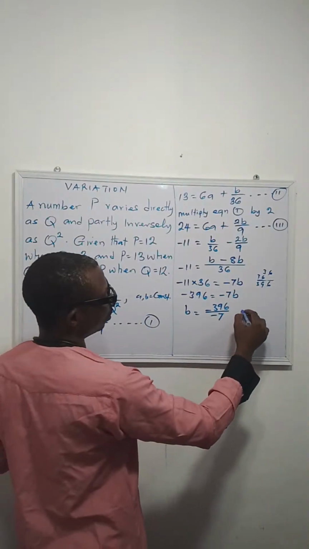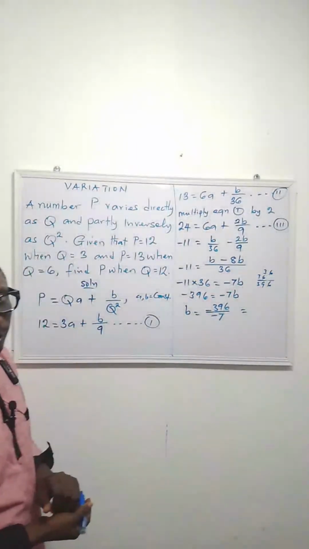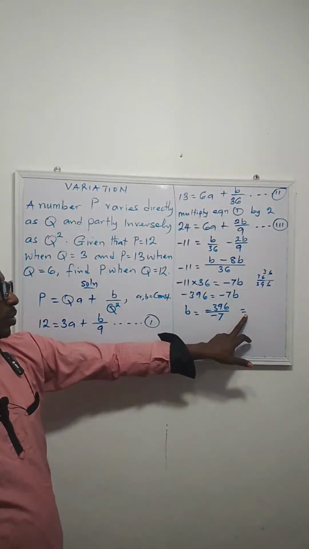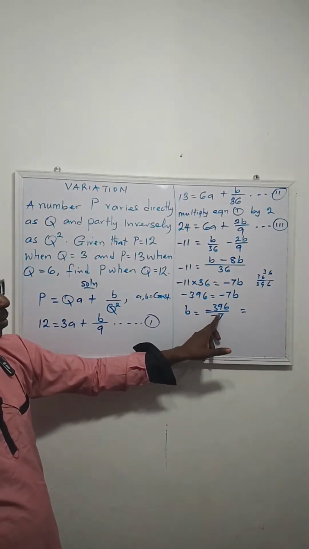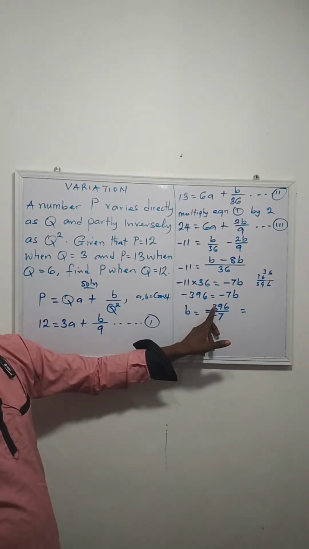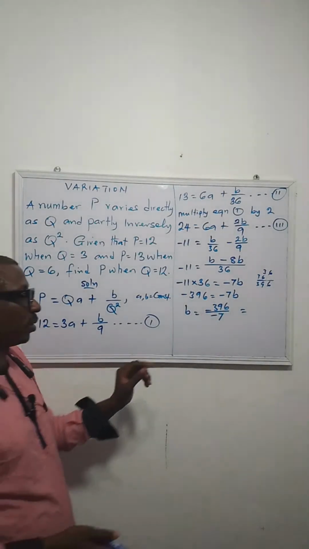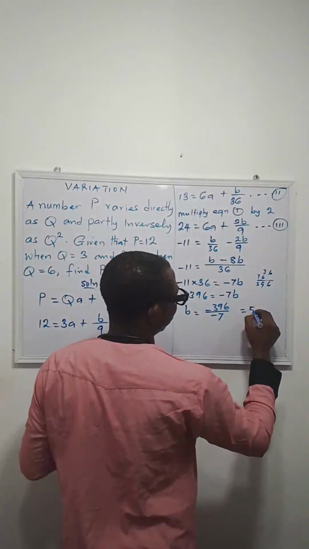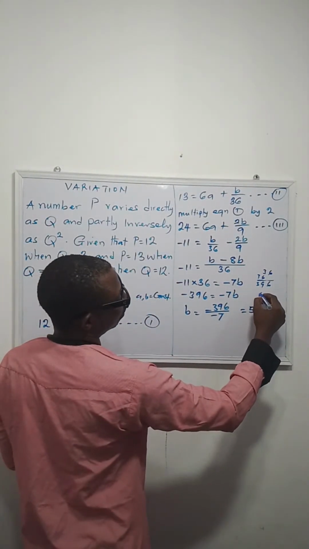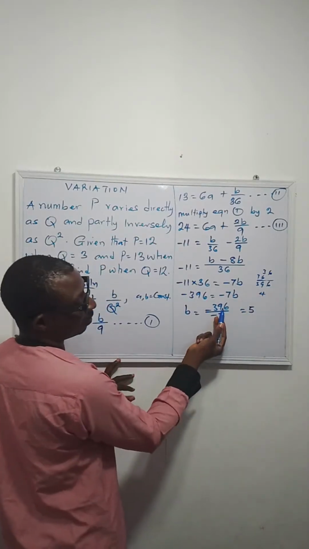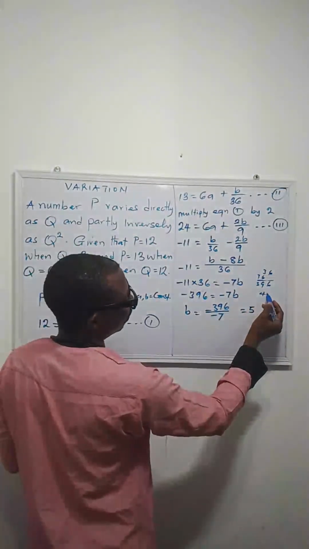So now, what's going to be the value of b? We cancel minus. Now 7 goes in 39. That's 5. And you are left with 4. So you put that 4 in front of 6.